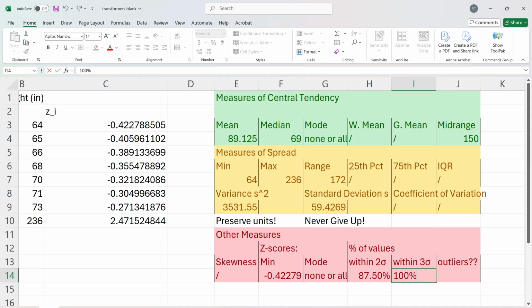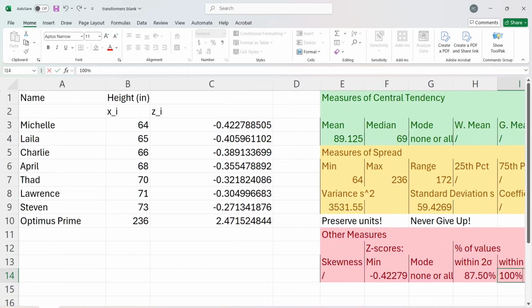And I look at this data and I say, are there any outliers in this data set? So all of that was to answer that question. And the answer is, according to that classical 3 standard deviations away rule of thumb, if you calculate the mean and the standard deviation using the full sample, nobody is that far out, even Optimus Prime.